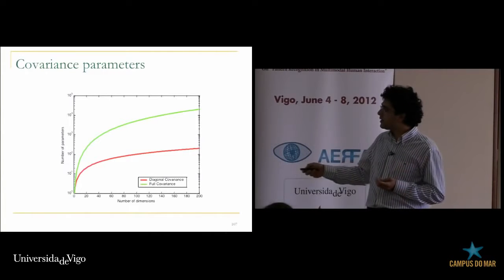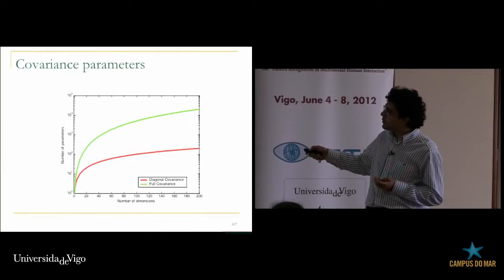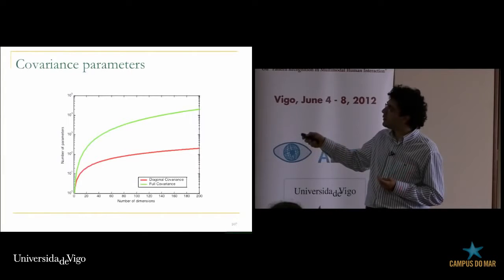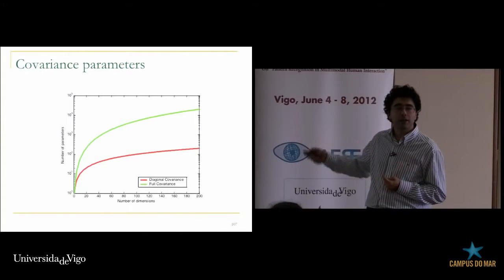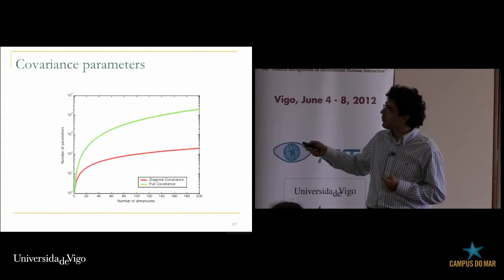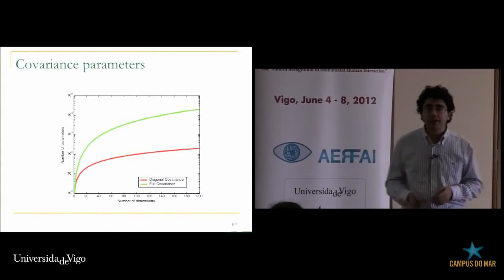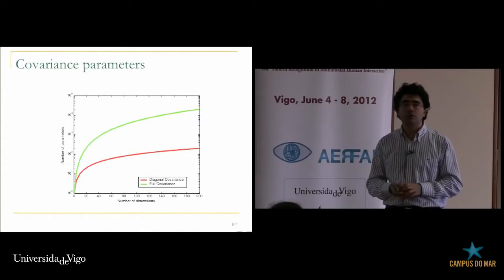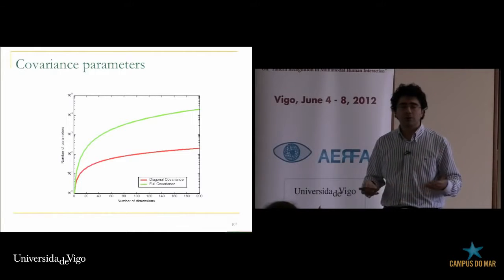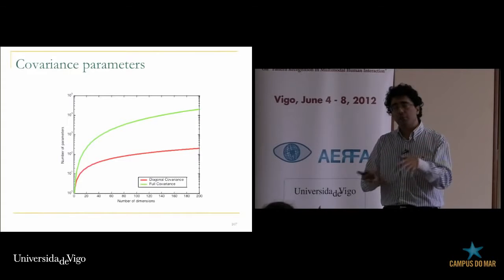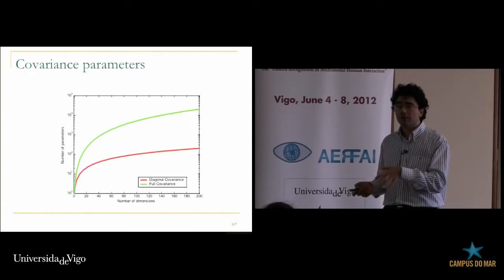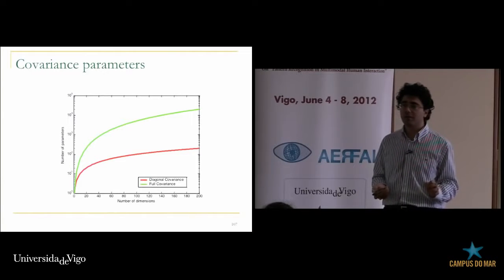So as you move in this direction, the difference between a diagonal covariance model and a full covariance model quickly grows. Here you have about 100 times more parameters than this one. That becomes a huge problem, as Fernando also told us, because when you're doing statistical modeling, you need data points proportional to the number of parameters. So we want to keep the number of parameters very small.